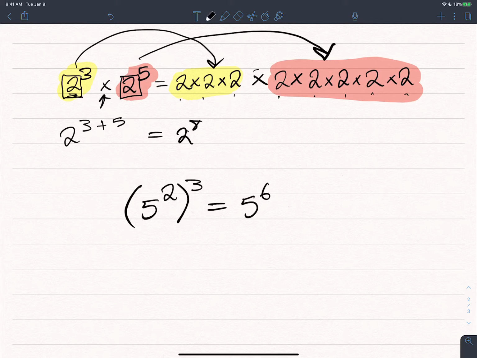And that's as simple as the power rule is. There's nothing really more to it. We could break it down, but I don't know. Let's break it down.